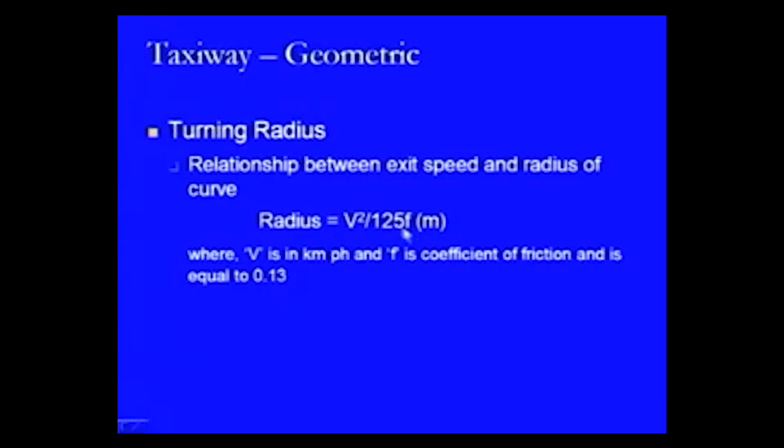So, we have the fixed value of F, and another constant, 125. Therefore, there is only one variable which governs the radius, and this is the speed at which the aircraft is taking a turn. So, this is a turning speed, not the speed at which it is moving on the runway.